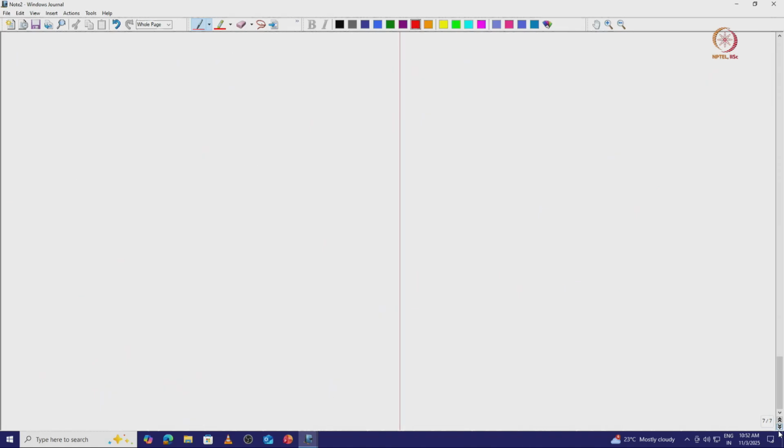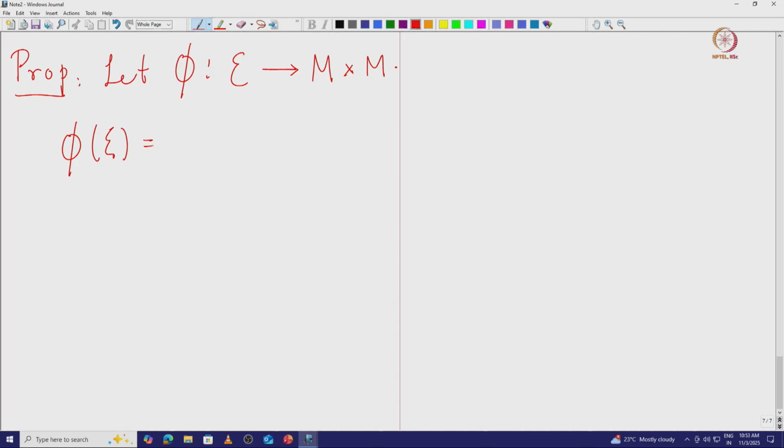Okay, so I want to end this lecture with a key proposition which I will prove because this is really the crucial proposition related to the exponential map. So, we consider the following map. So, this is from the domain of the exponential map to a product of M. So, phi of xi is precisely the projection of xi to M. So, xi is a tangent vector at a certain point pi of xi.